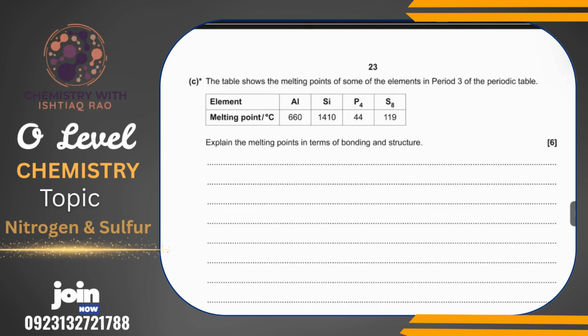Silicon is going to have a giant covalent structure. Then P4 is a simple molecular structure. It's not giant covalent. S8 also has a simple molecular structure.